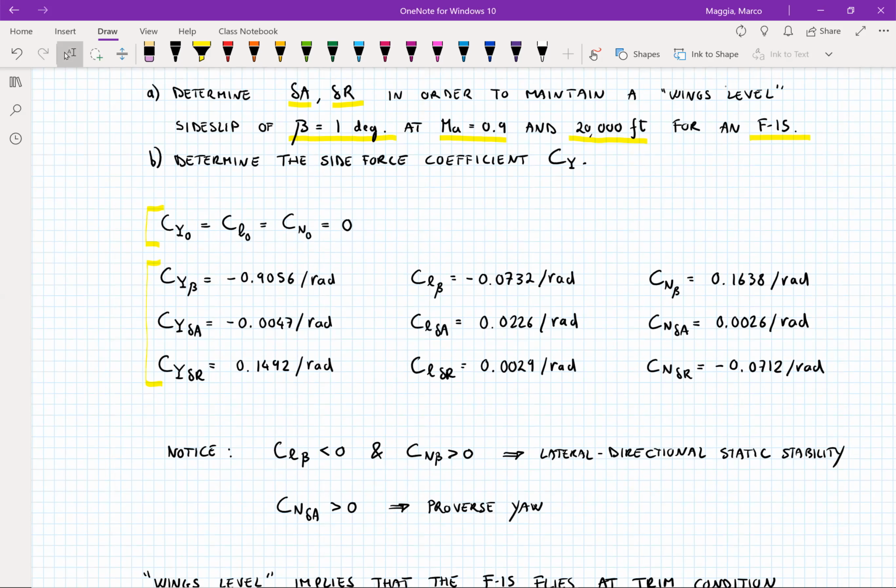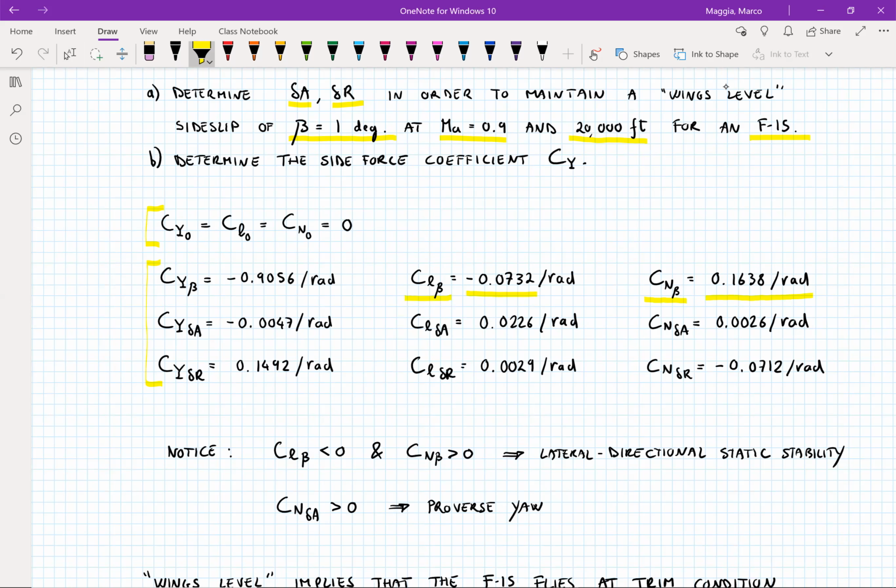First, the static stability coefficients. Let's look at the lateral one, which is Cl beta. In order for the F-15 to be stable, this coefficient has to be negative, which it is. And for the directional stability, we need Cn beta to be positive, which it is. So the aircraft is stable for both lateral and directional motion.